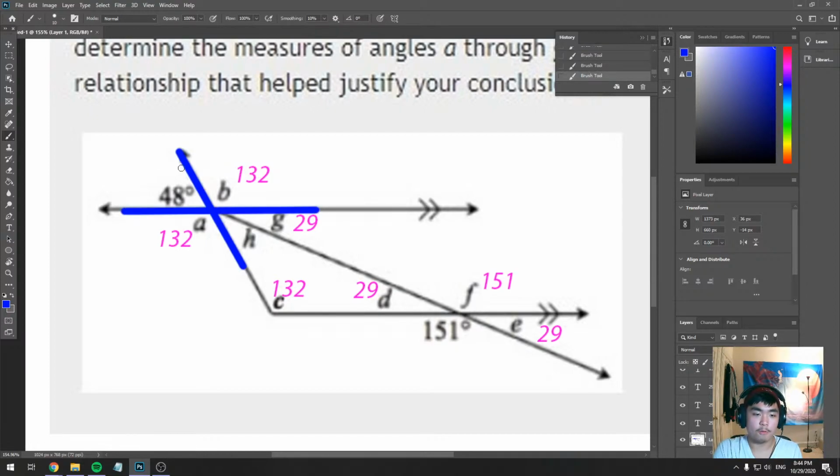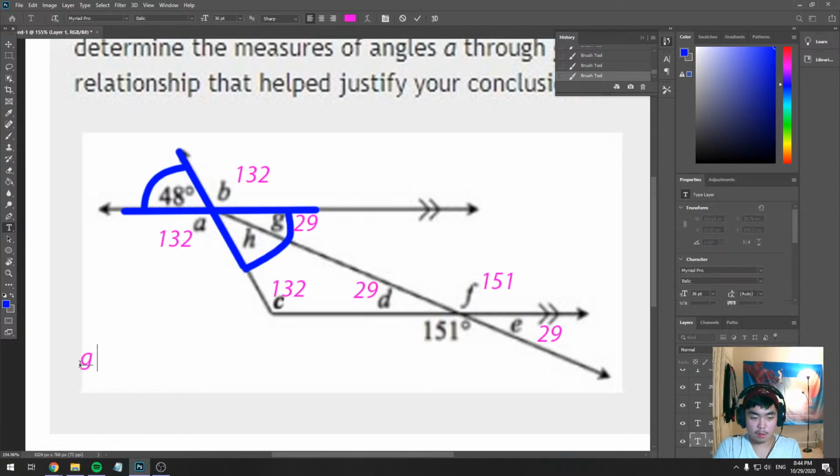So 48 is the opposite of these two angles combined, right? G and H. So in other words, G plus H should equal 48. And we know that G is 29. So H should equal 19.